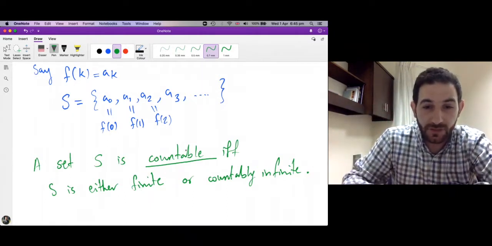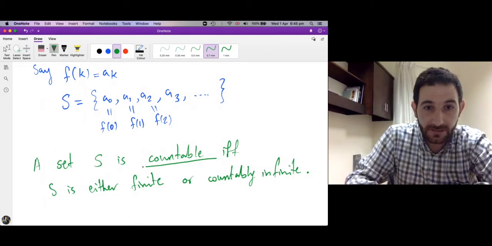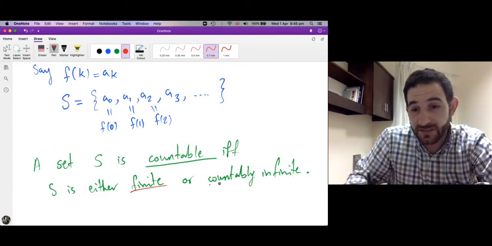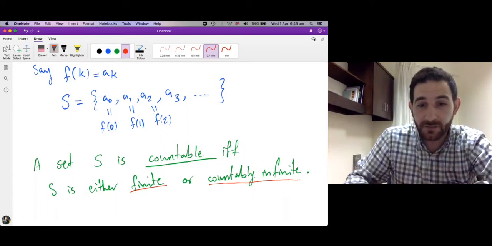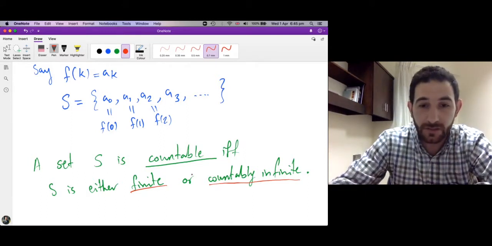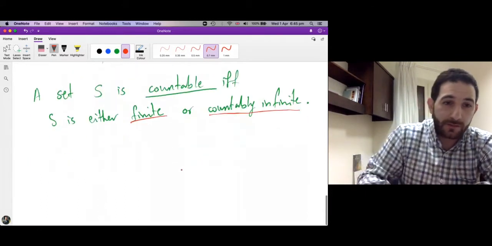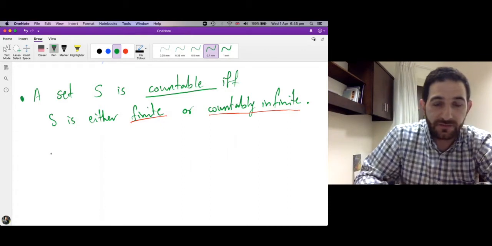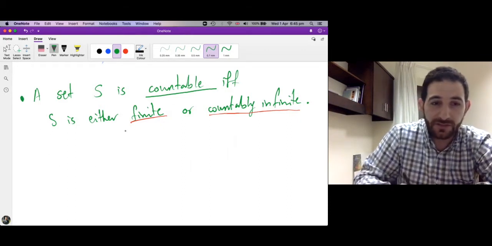Then these two types of sets, the finite sets and the infinite sets whose elements you can list, are both called countable. So this is the definition of countable sets.